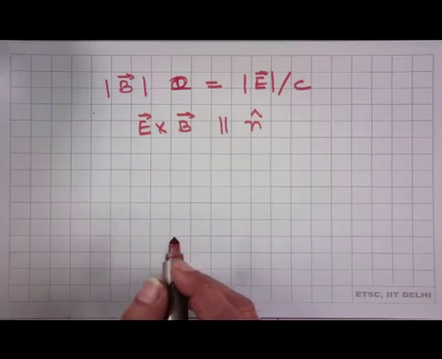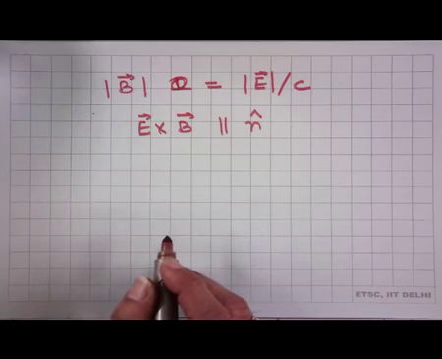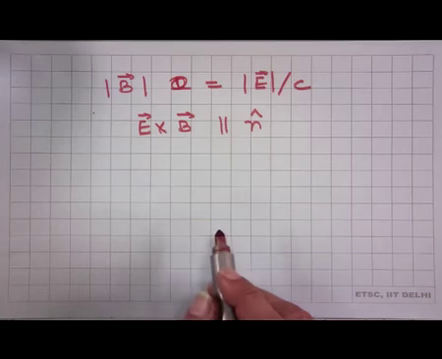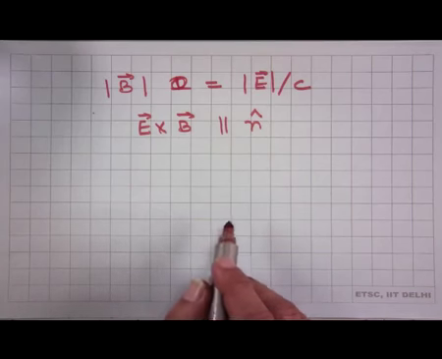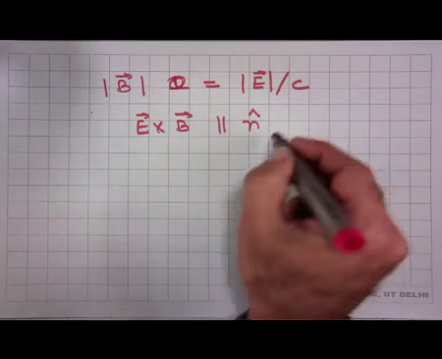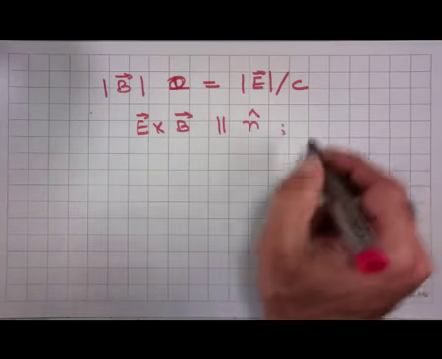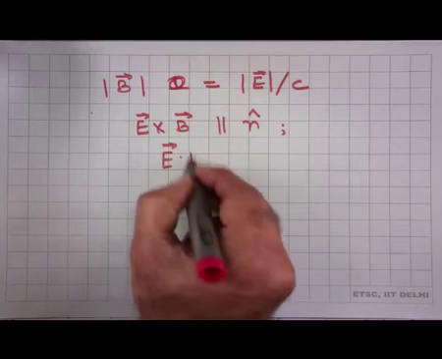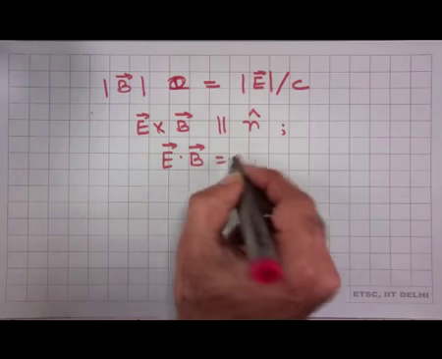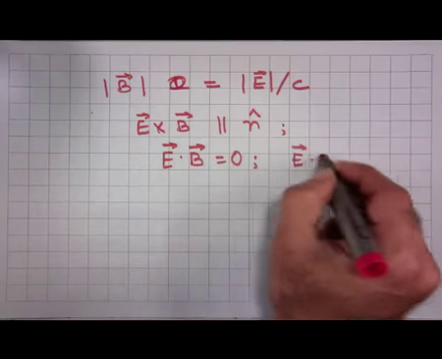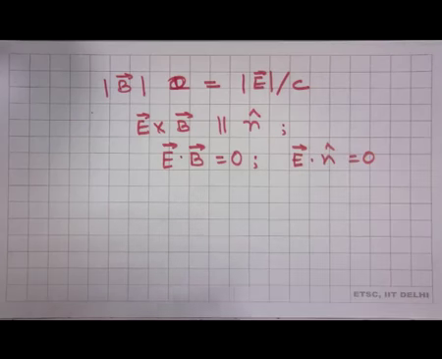So the direction of propagation fixes the direction of the magnetic field, because I have given the direction of the electric field, and the first relation fixes its magnitude. Of course, we should also remember that they are perpendicular to each other, and finally E dot n is also equal to 0.